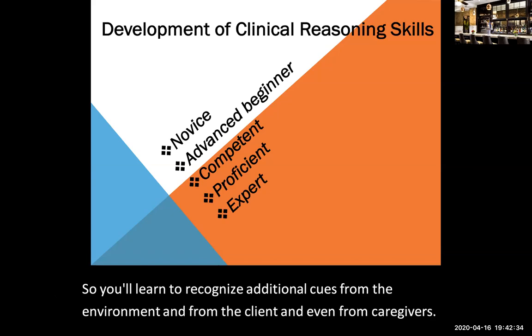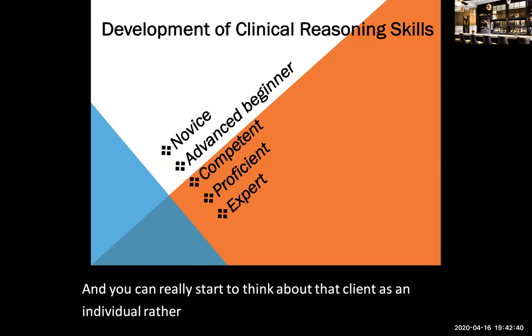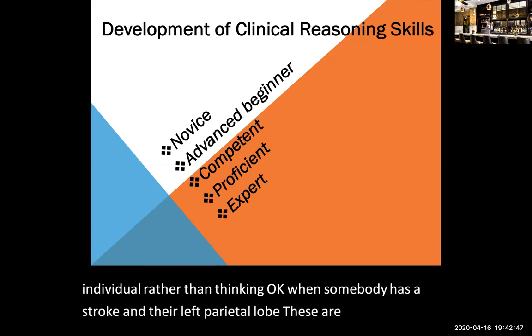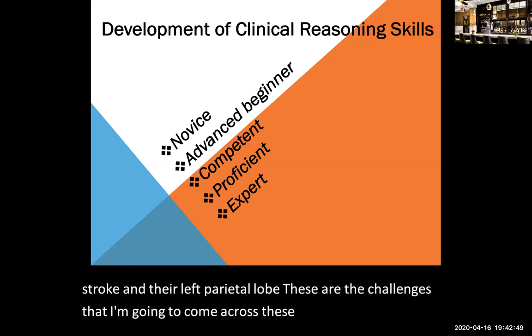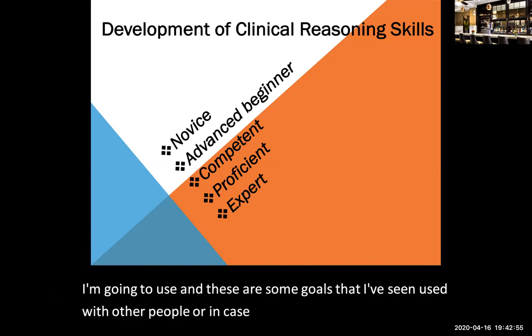And you can really start to think about that client as an individual, rather than thinking, okay, when somebody has a stroke in their left parietal lobe, these are the challenges that I'm going to come across. These are the assessment tools I'm going to use. And these are some goals that I've seen used with other people or in case studies with this particular diagnosis.